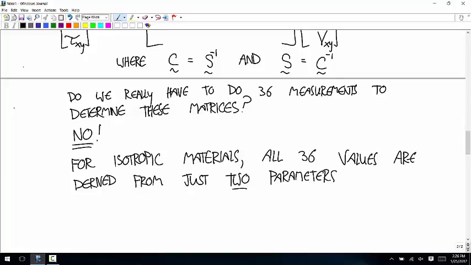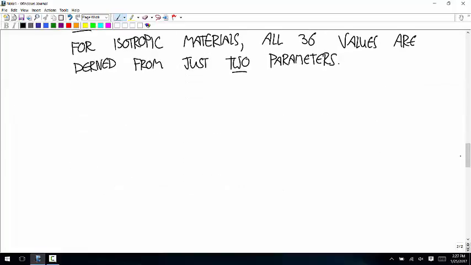And so in order to fill this 6x6 matrix, you don't need to do 36 tests, you just need to do 2. And then you can fill it all in with the formulas. So that's a big deal.